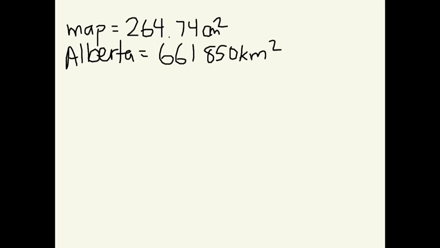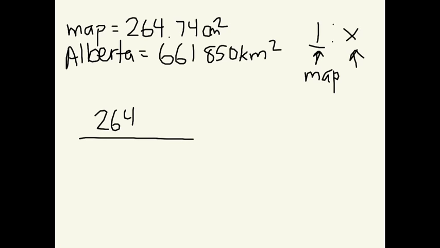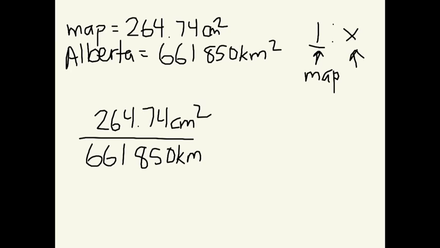So in this example, of course, the scale is 1 to x, this being the map, and this being the province. Alright, so we can set that up. On the top, you're going to have 264.74 centimeters squared, and on the bottom, you're going to have the actual area of Alberta, which is 661,850 kilometers squared.